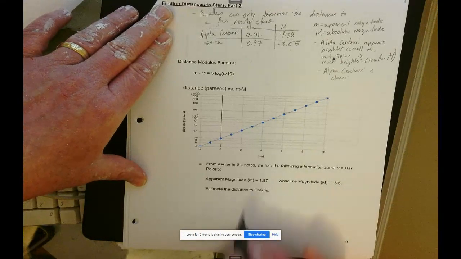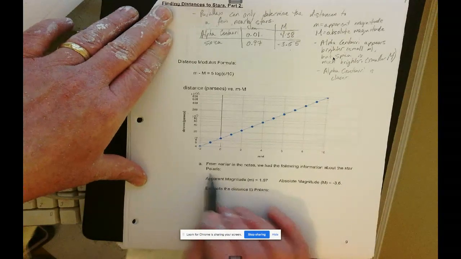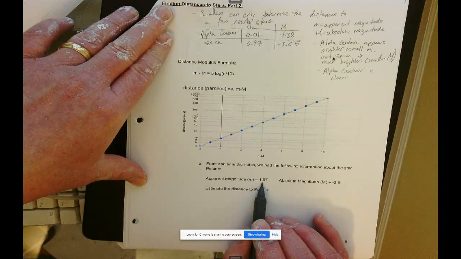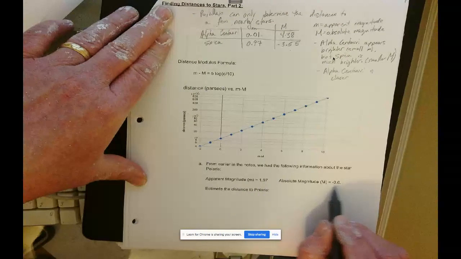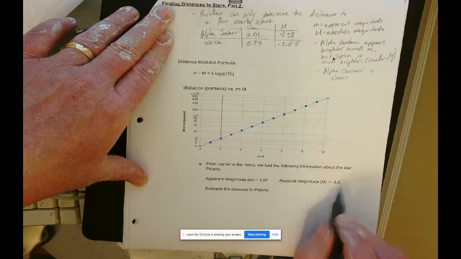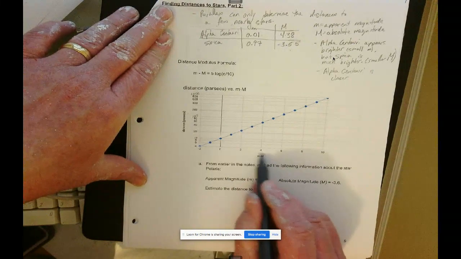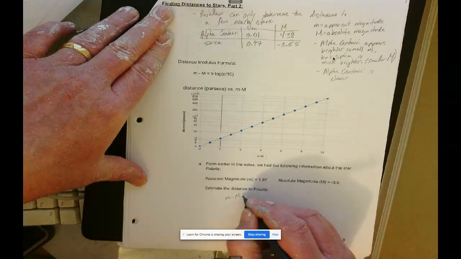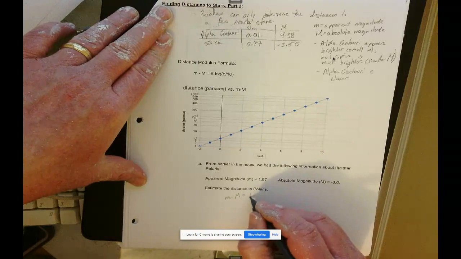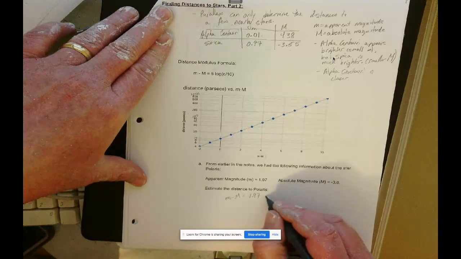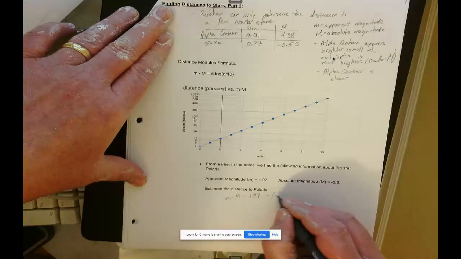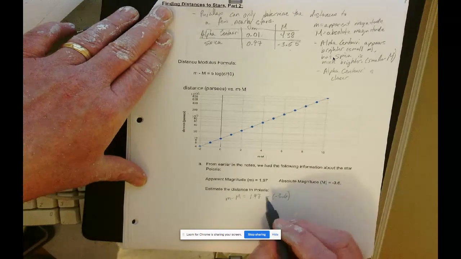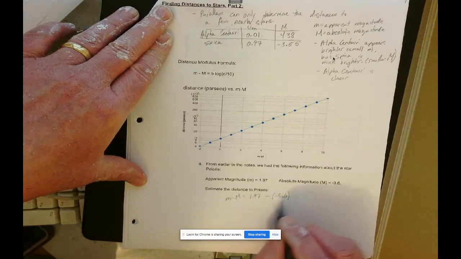Now, earlier in the notes, we had the following information about the star Polaris. The apparent magnitude, the little m, is 1.97. The absolute magnitude, big M, is negative 3.6. And what we're going to do is, this down here says subtract little m minus big M. So for Polaris, it's going to be 1.97 minus negative 3.6. Now you can do this on your calculator, or you can do this in one step. A minus is a plus.